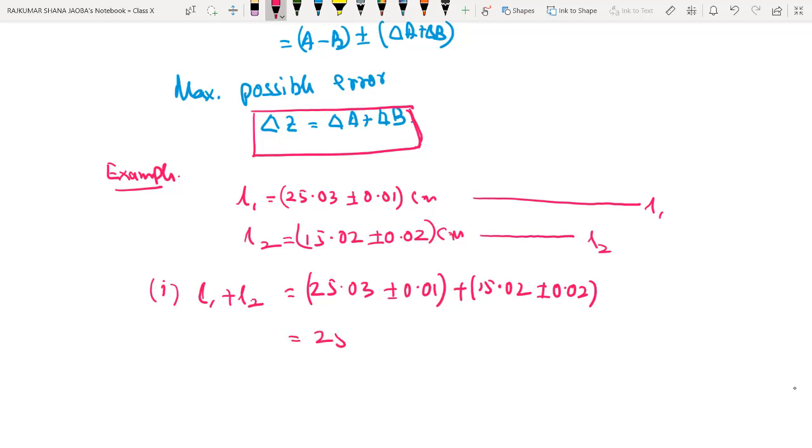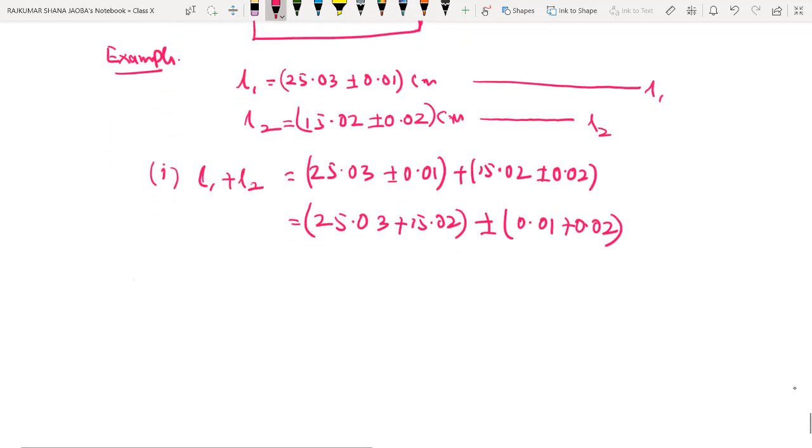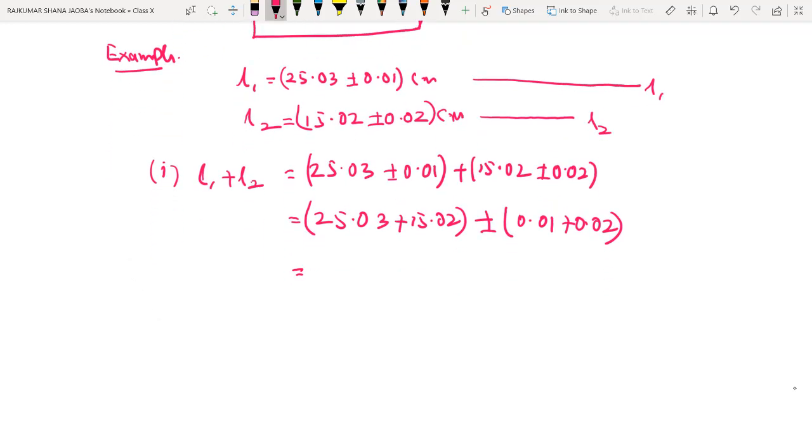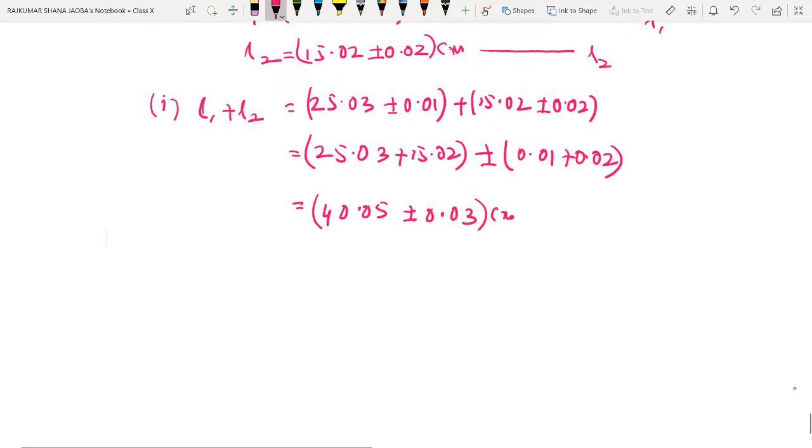So this is 25.03 plus 15.02 plus minus 0.01 plus 0.02. So this is 40.05 plus minus 0.03 centimeter.